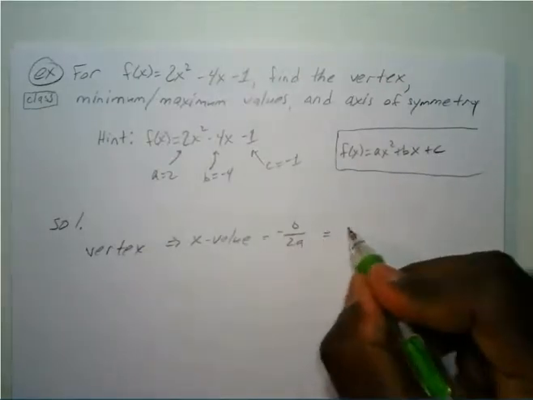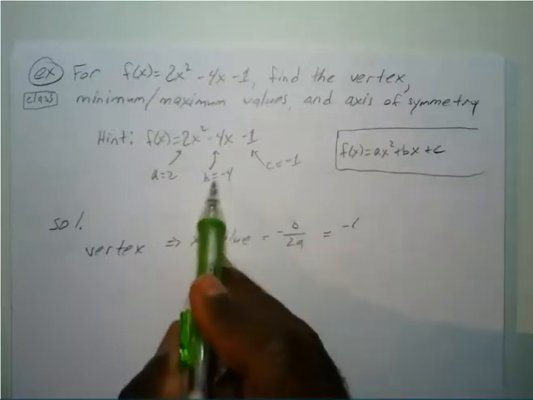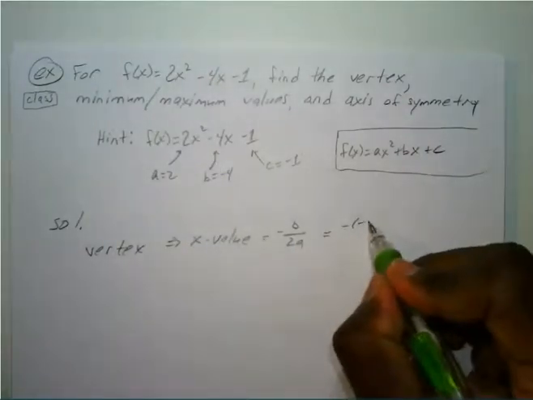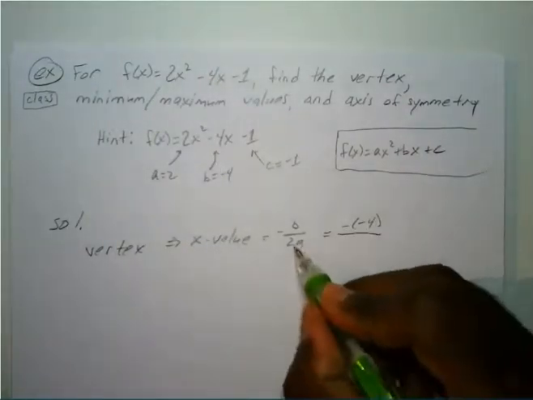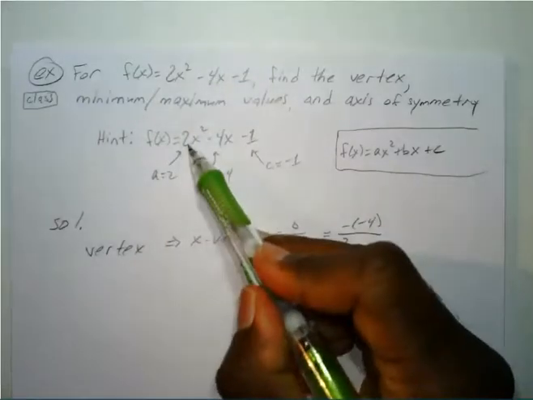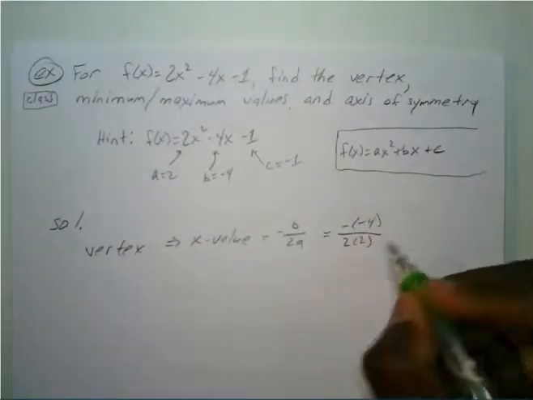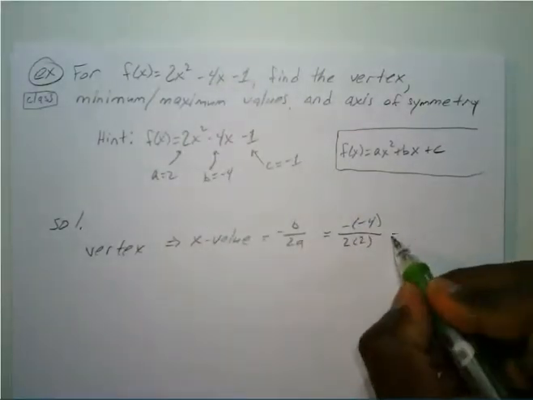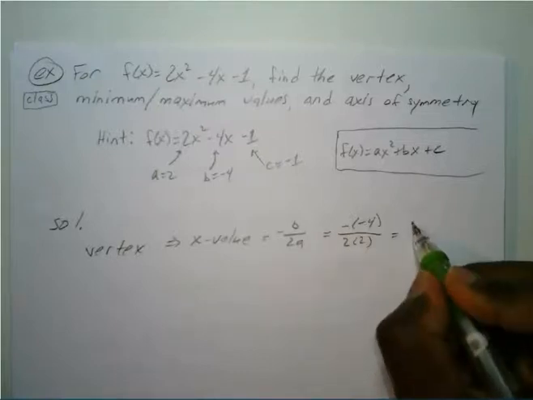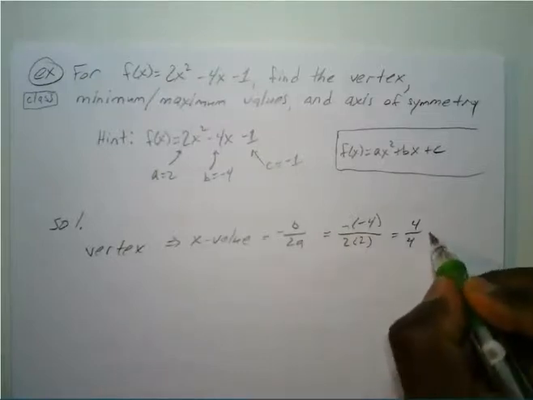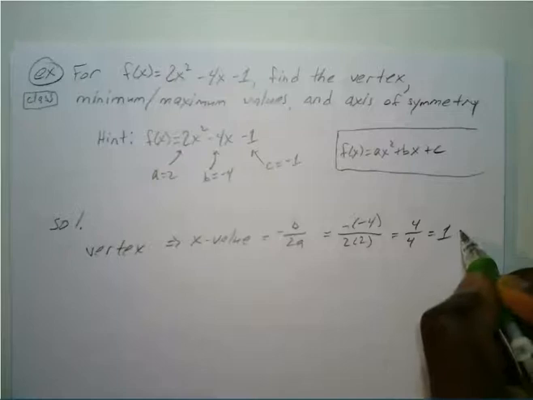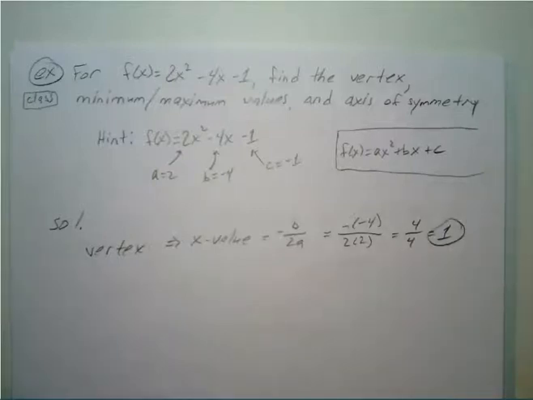That equals negative, and your b is negative 4, so negative negative 4 divided by 2 times 2. A negative times a negative is positive, so that's 4 over 4, which is 1. So that's your x value.